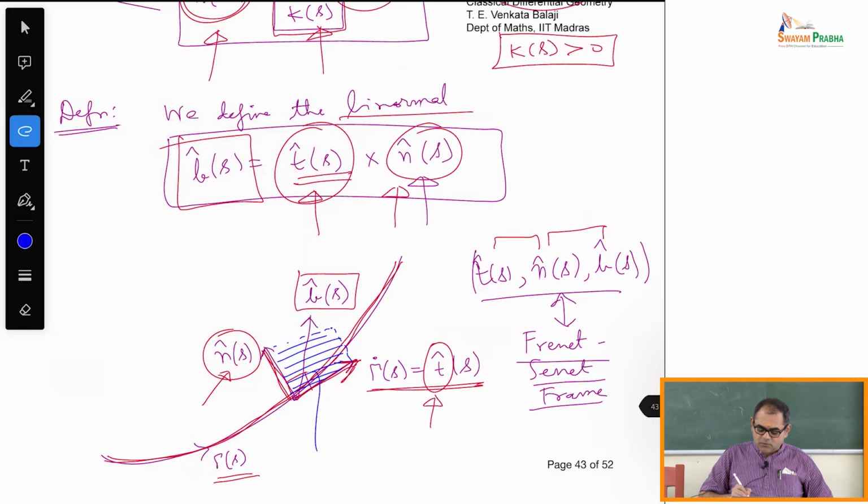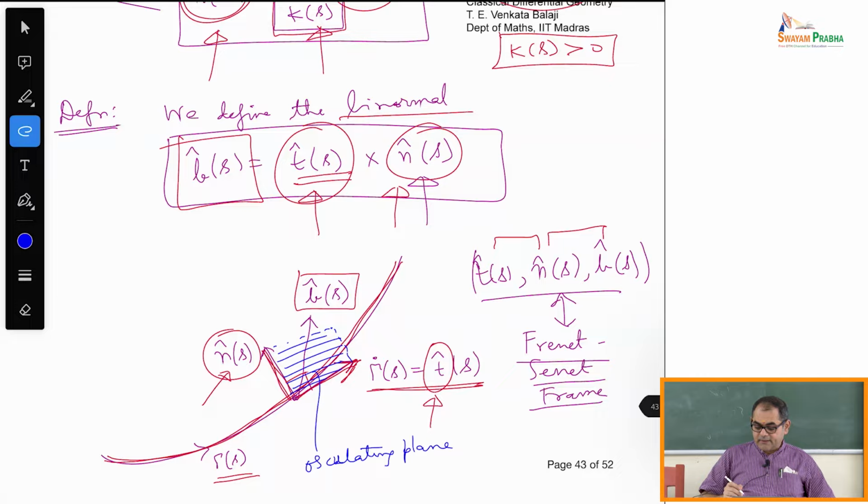So this blue one is the osculating plane. This osculating plane is a special plane. It contains the circle of curvature, and it also contains the center of curvature. And this principal normal is the geometric normal, all right.